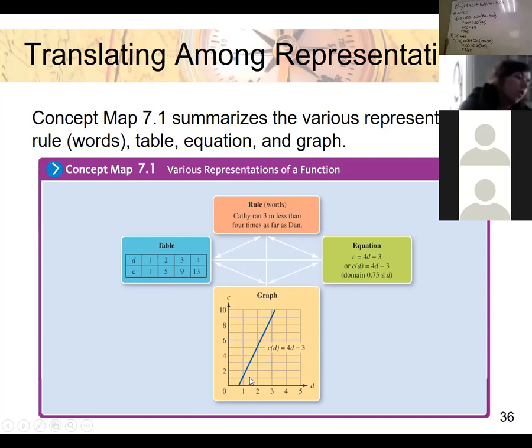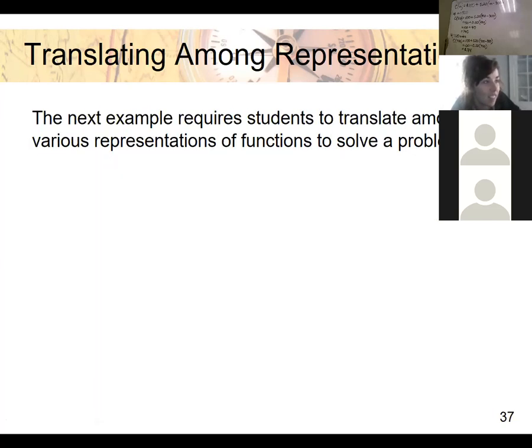And those represent the fact that if Dan traveled 1 mile, Kathy traveled 1 mile. Or if Dan traveled 2 miles, Kathy traveled 5 miles, and so on.